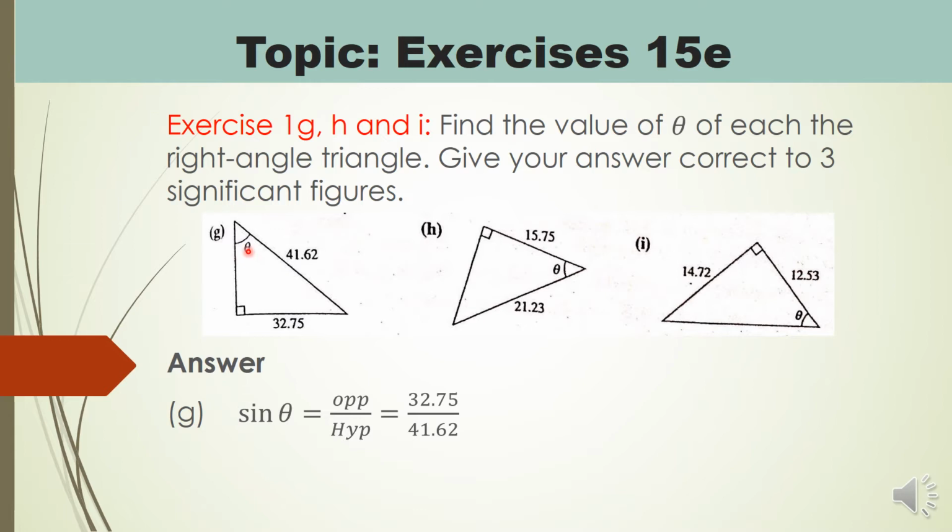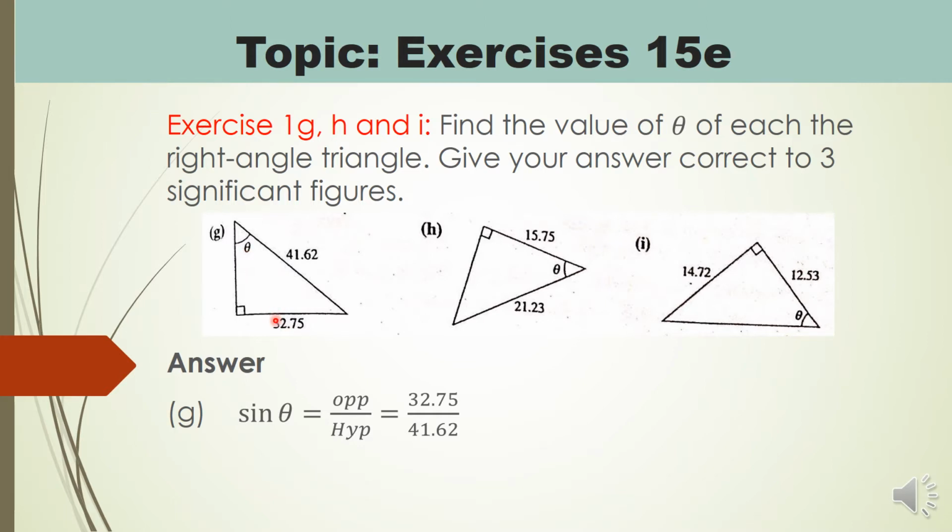Look at the right angle triangle and at the angle theta. The side opposite the right angle is called the hypotenuse, and the other side is opposite to angle theta, so we say opposite side.